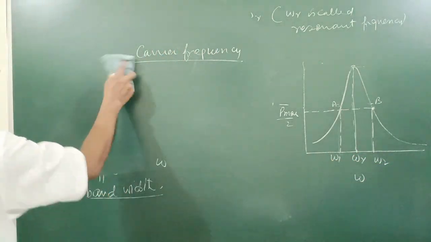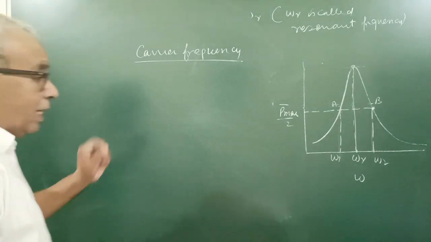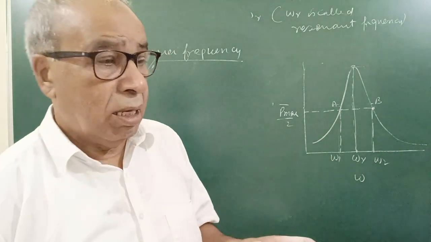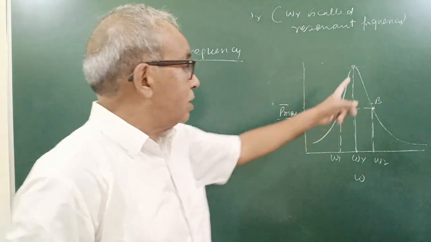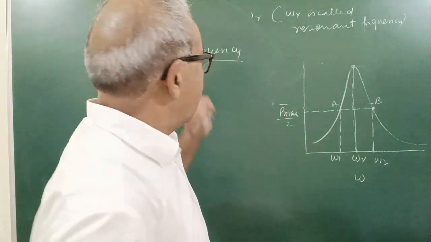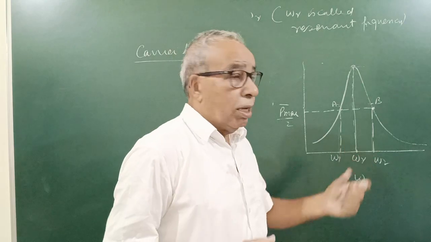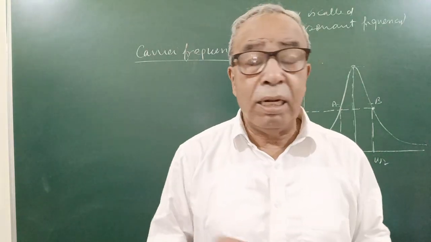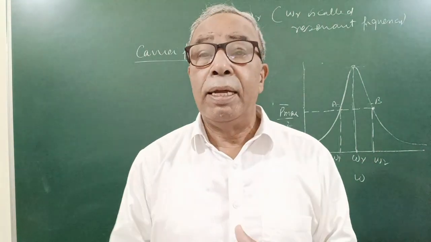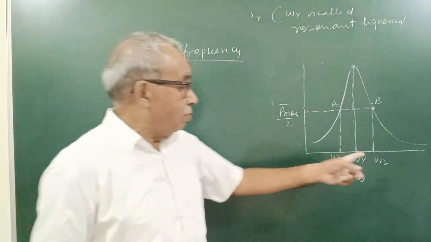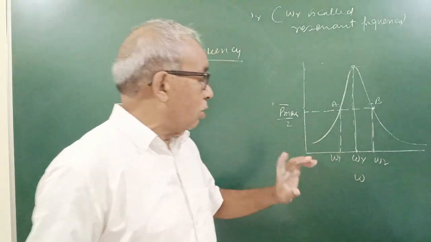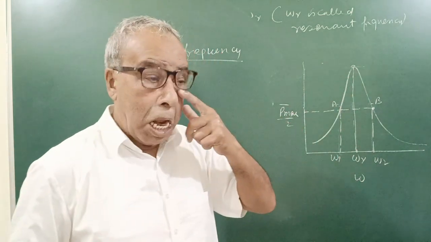I think you are getting my point. Any signal has a group of frequencies around a central frequency, which is our carrier frequency. A single signal is not a single frequency. It has a number of frequencies within this range, omega 2 minus omega 1, symmetrically around it.